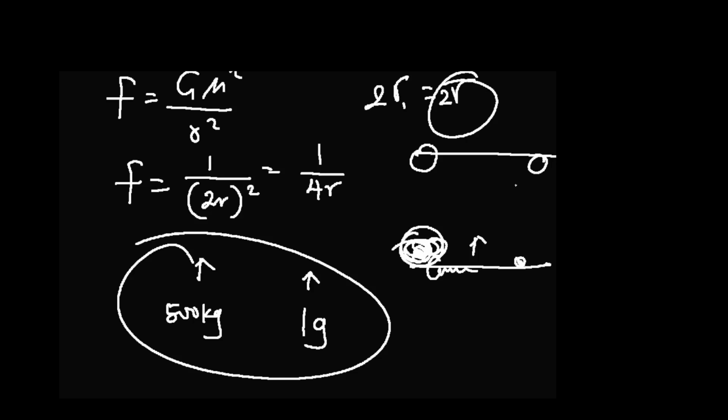So WAEC students that want to respond to this question should respond by saying what? If it happens under air resistance, the one with high mass will come down first because air resistance will affect the one with the low mass.